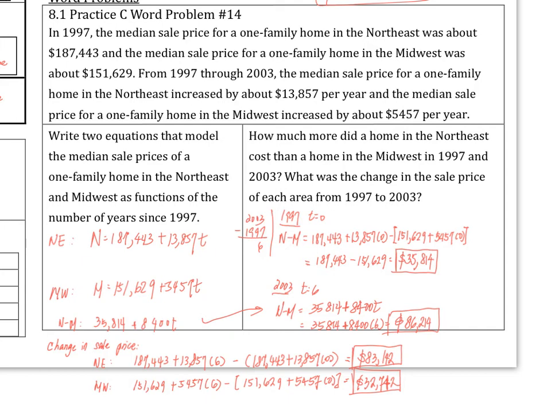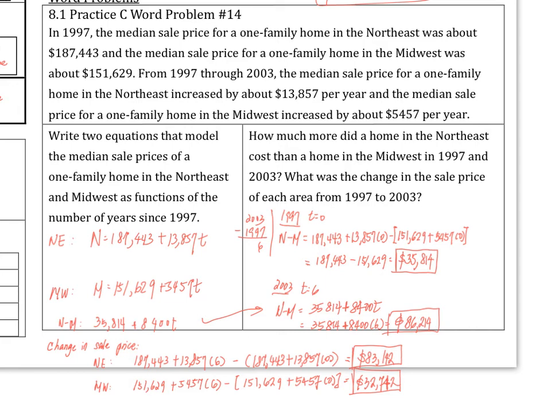Okay, for this word problem, I worked out the work for you because there are a lot of steps, though the calculation is really simple. The important thing is just to really understand what the word problem is saying. In 1997, the median sale price for a one-family home in the Northeast was about $187,443. And the median sale price for a one-family home in the Midwest was about $151,629.